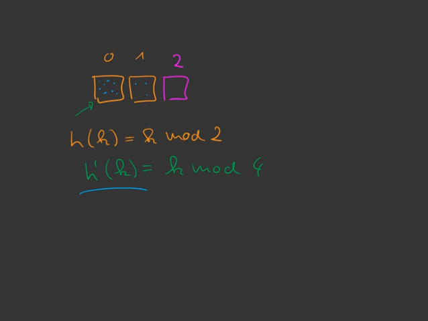We have to first apply h of k to see if it guides us here, in which case we use h prime of k to distinguish between the 0 bucket or the 2 bucket. If this element falls into the 1 bucket, determined by h of k, then it is just indexed there and there's no other choice.